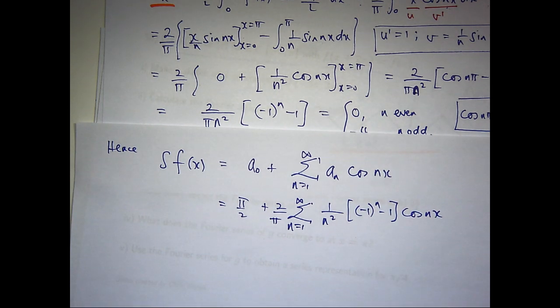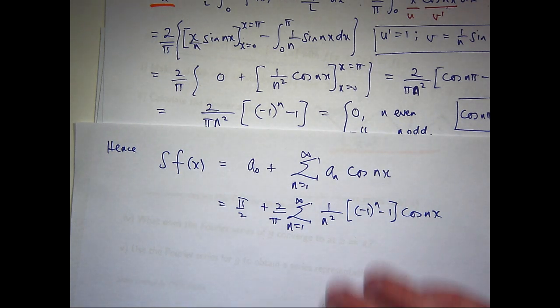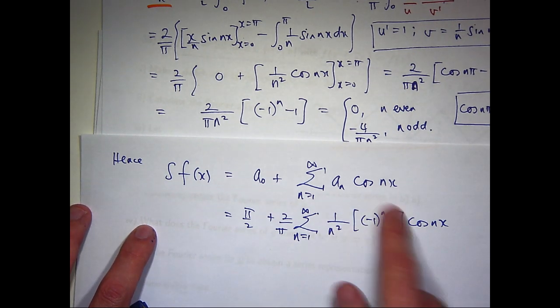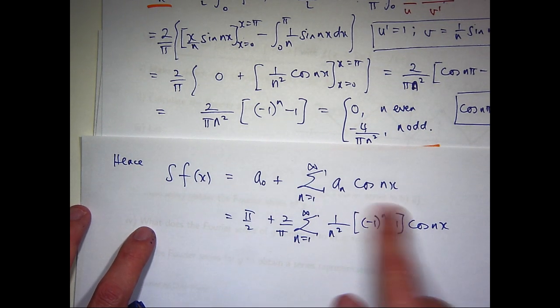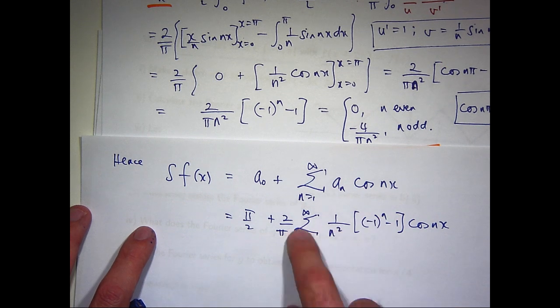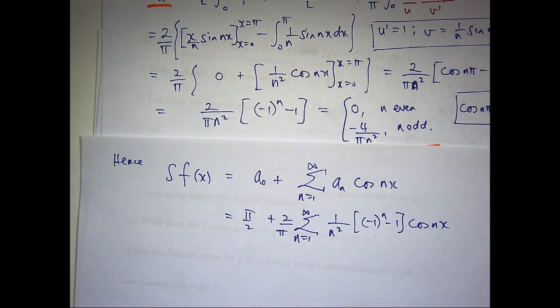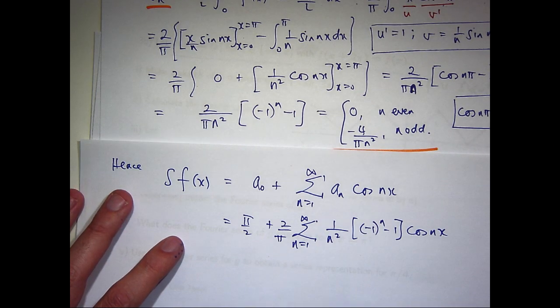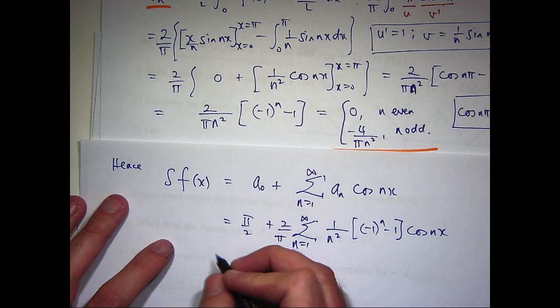Now, what I can do here is simplify like I was doing on the previous page and just sum over the odd terms, because this is always 0 if n is even. So let's sum that over the odd terms. I can replace this with minus 2 on n squared. So let me show you.